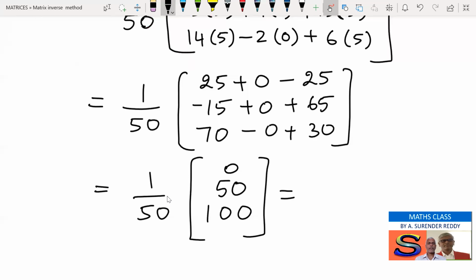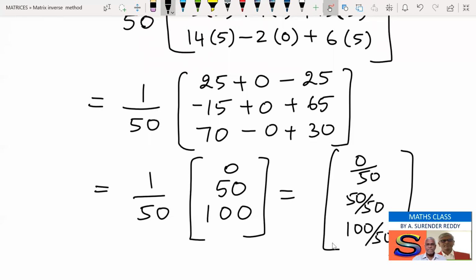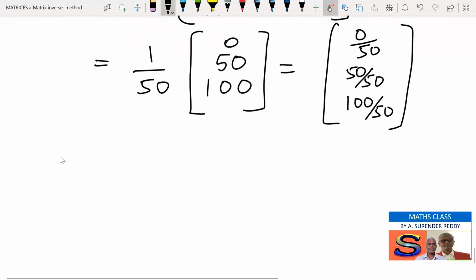So now divide all three elements by 50. 1 by 50 you bring inside. So the 50 divides all the three elements. So 0 by 50, 50 by 50, 100 by 50. 0 by 50 is 0. 50 by 50 is 1. 100 by 50 is 2.